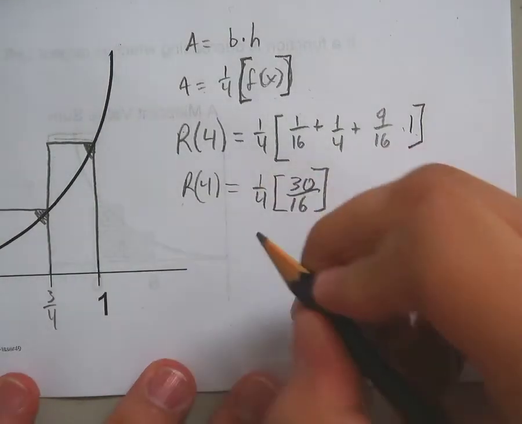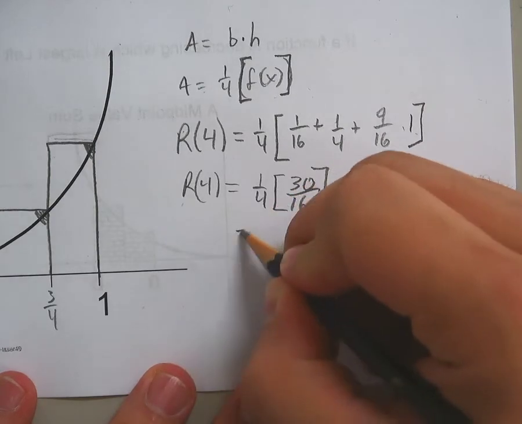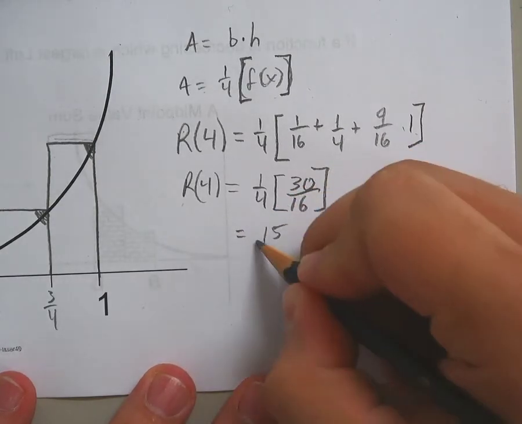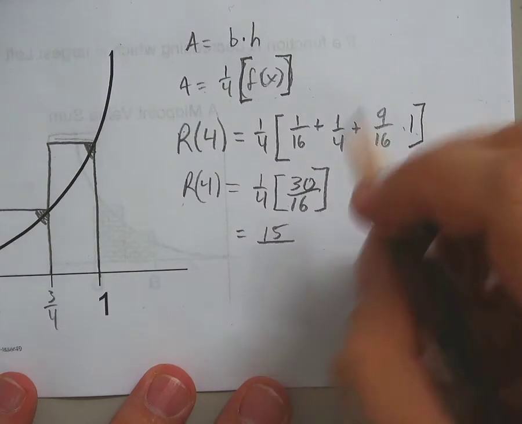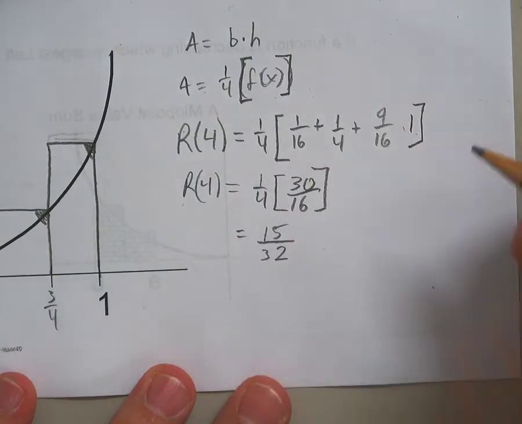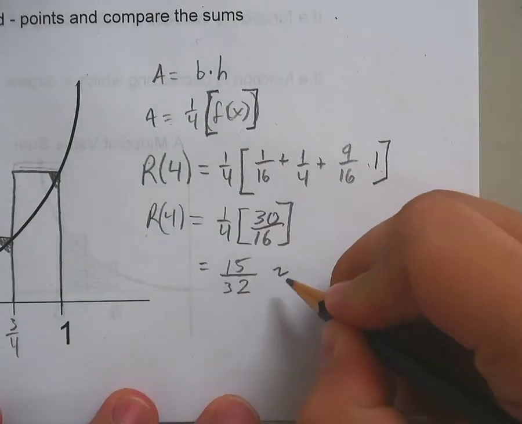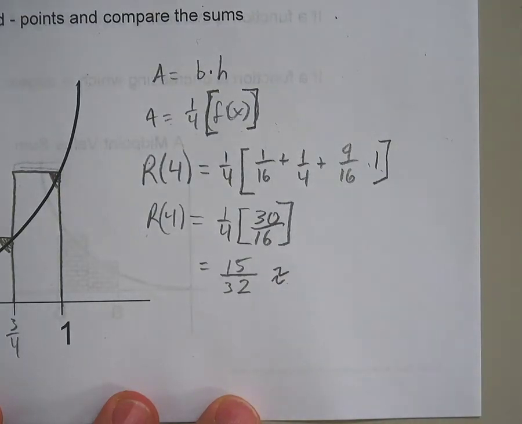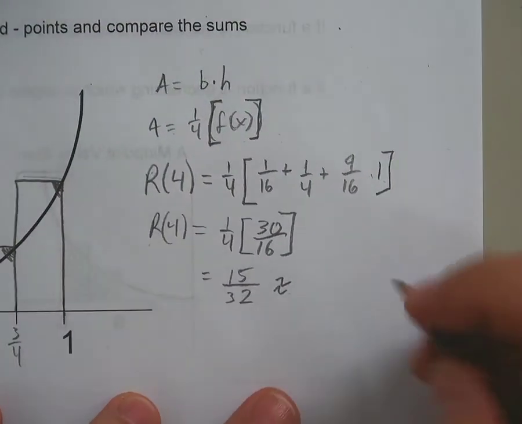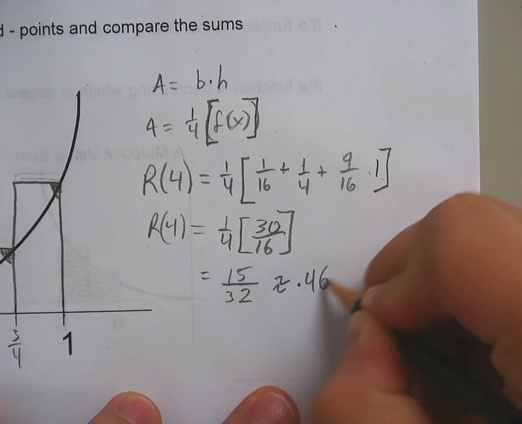And that's going to be roughly, let's see, take your 2 out, you get 15 over 32, which is about 0.469.